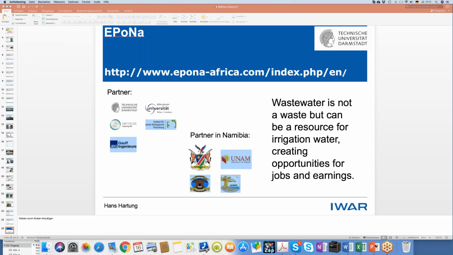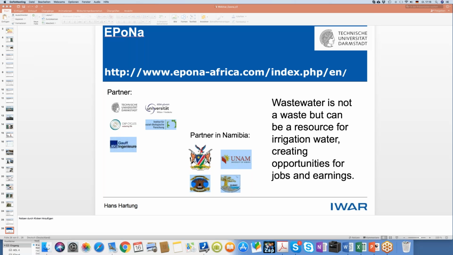Only the capital Windhoek, you might be surprised, 33% of the drinking water of Windhoek actually comes from wastewater. There are 20 different processes to treat the wastewater, and then part of it is cleaned and put in a lake where the drinking water is taken off.